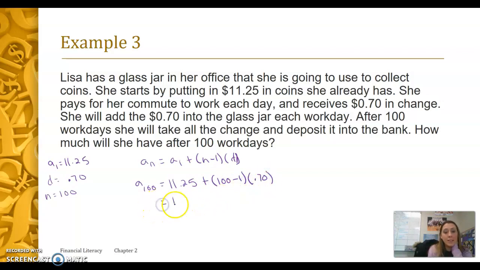And that is going to equal 11.25 plus 99 times 0.70. And then eventually we will get to $80.55. So go ahead and get that in your notes because you're going to want to practice that.